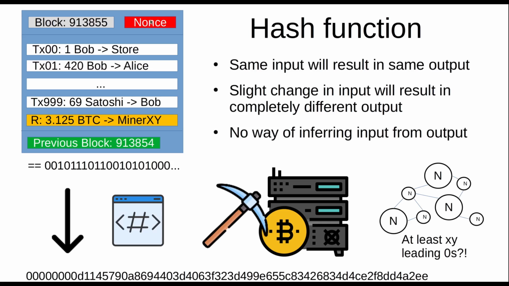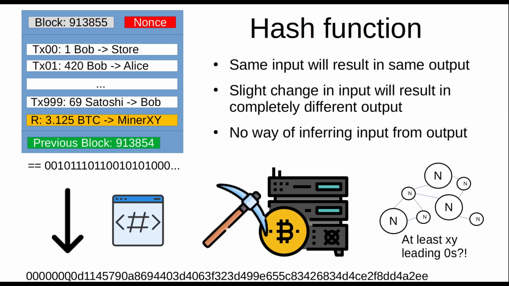guess a random number, put it into the SHA-256 hash function, and then check the output sequence if it has enough leading zeros.